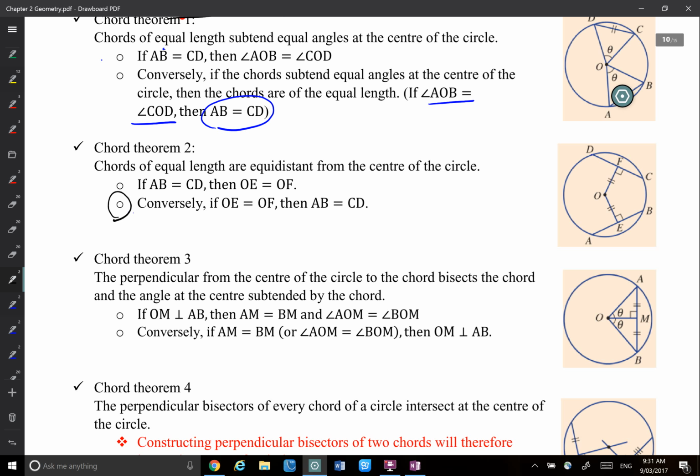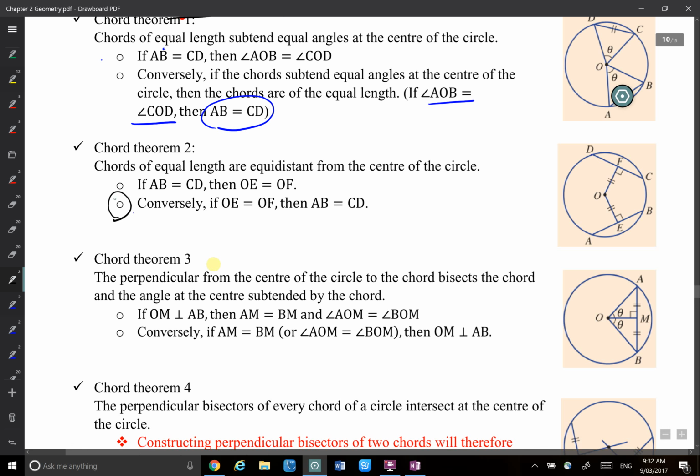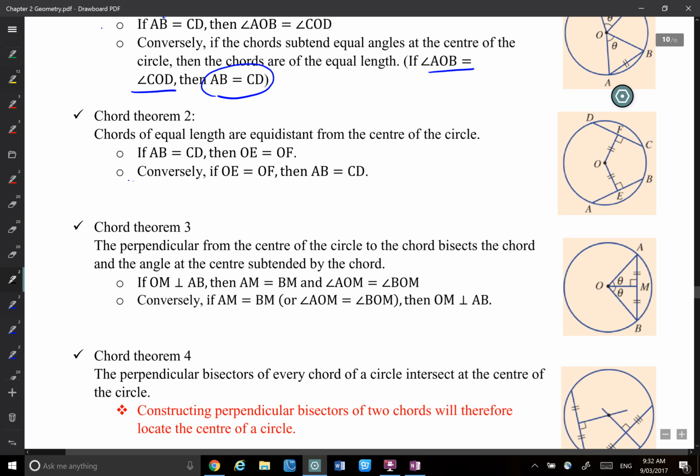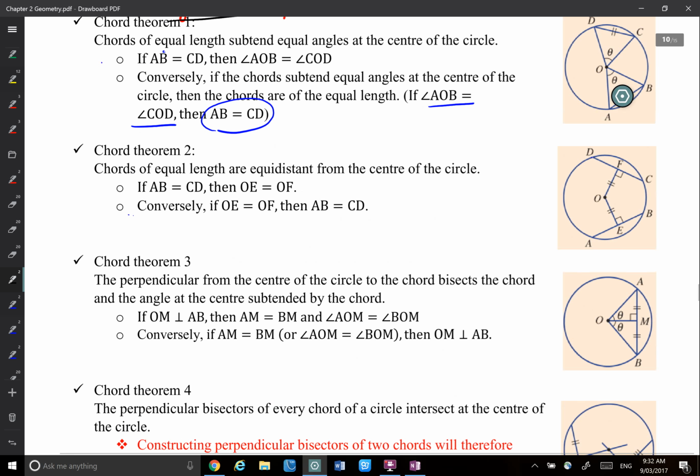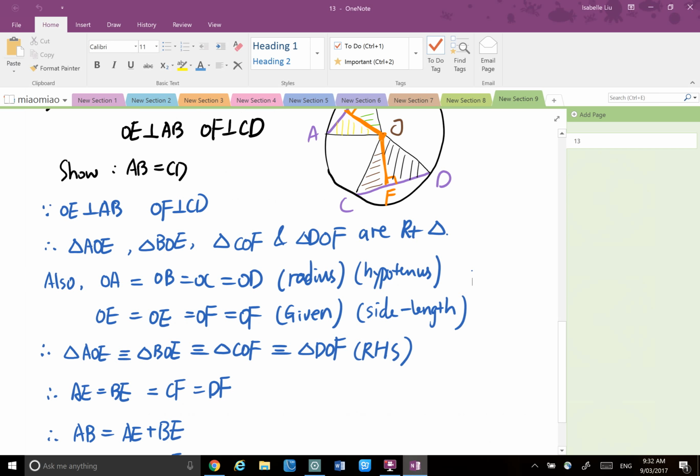Okay, equal length of the chord will give you equal distance from the center. And then conversely, if the distances to the two chords are the same, which means those two chords must be the same. Okay, it's the converse part. We haven't really gone through theorem number 3 yet.